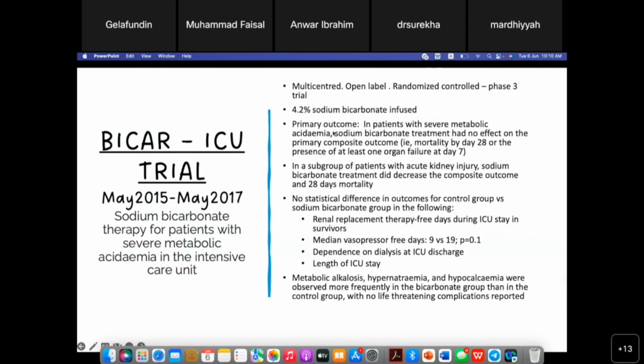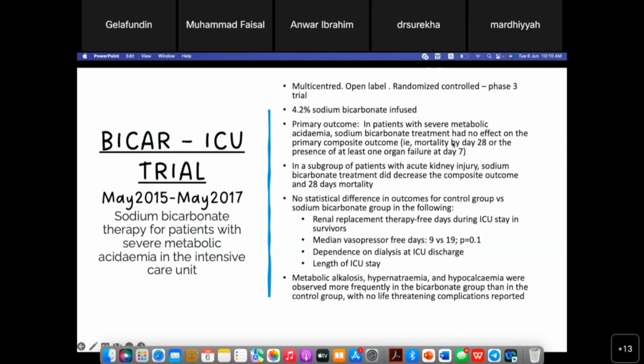The primary outcome was mortality by day 28 or the presence of at least one organ failure at day 7. It was noted that there was no effect on the primary composite outcome.